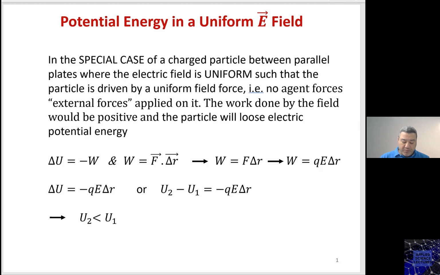We've seen from earlier lectures that the difference delta U, which is the electric potential energy for the final state minus the electric potential energy for the initial state, equals minus W. W is the work done by the field in this case, and we know that the work is the dot product of the force with the displacement vector.